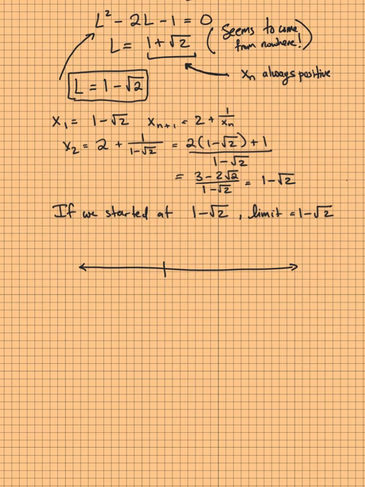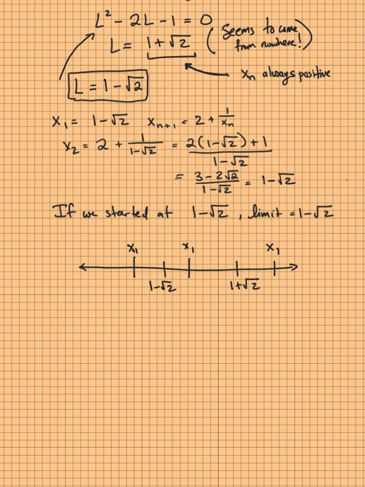So what you end up having is 1 plus square root of 2, 1 minus square root of 2, and the value x1 that you choose. This is the general picture.